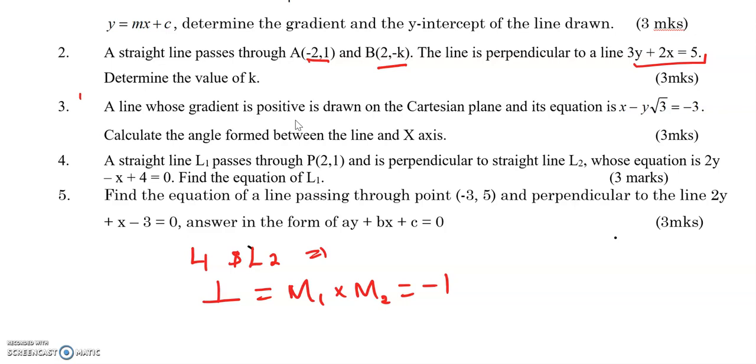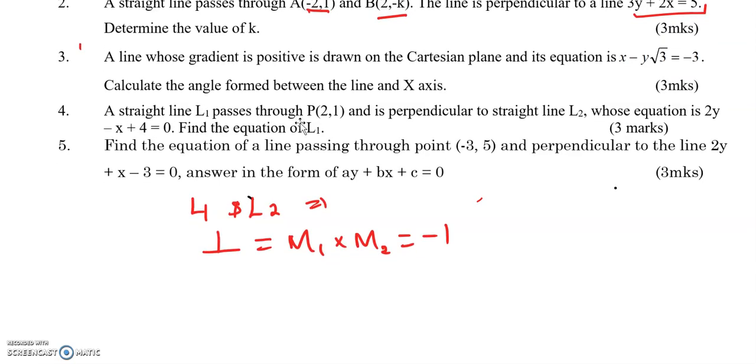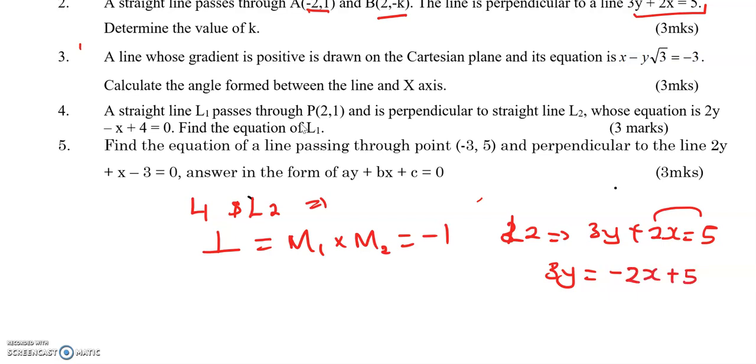Now, what is the gradient of any of the lines? We can easily get the gradient of the second line here. Given that we have L2, 3y plus 2x is equal to 5, then we can say that 3y is equal to, we take this 2x to the other side, that is, subtract 2x from both sides, we get -2x plus 5.